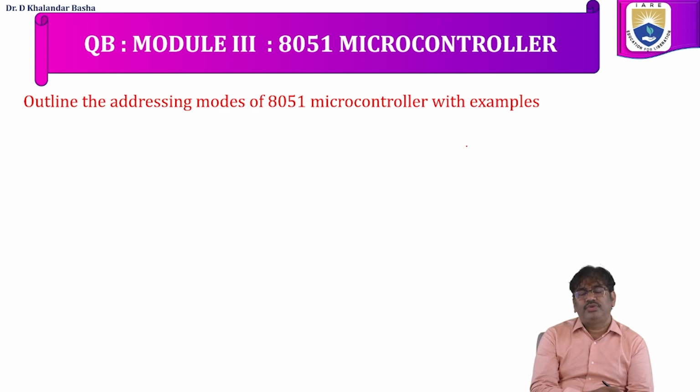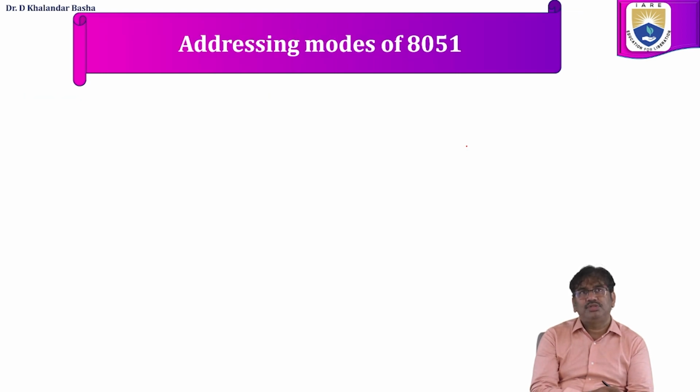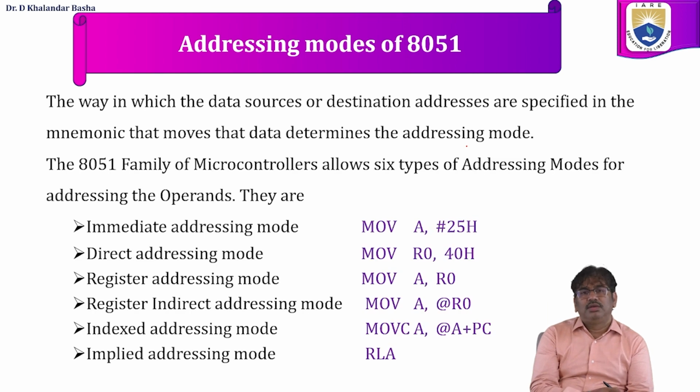Outline the addressing modes of the 8051 microcontroller with examples. The way the data sources or destination operands are specified in the mnemonics that move the data determines the addressing mode. In the 8051 microcontroller, we have 6 addressing modes. Immediate addressing mode means the data resides in the instruction itself.